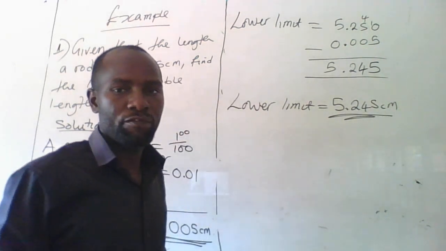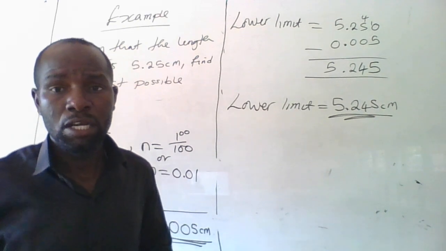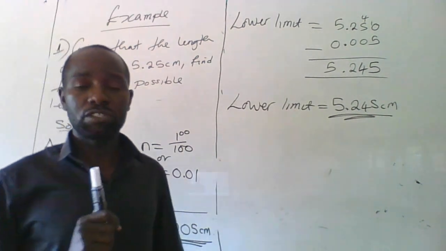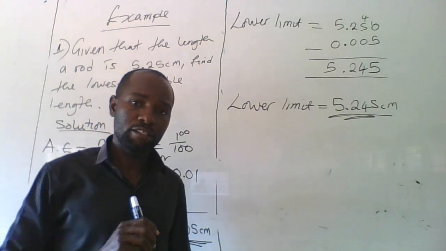That is how we find the lower limit and also the absolute error when you have only been given one measure, which is the true measure, written to 2 decimal places.